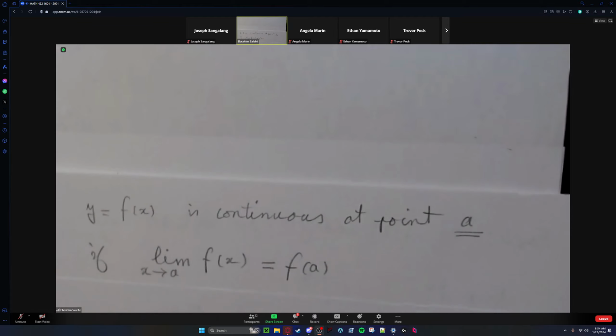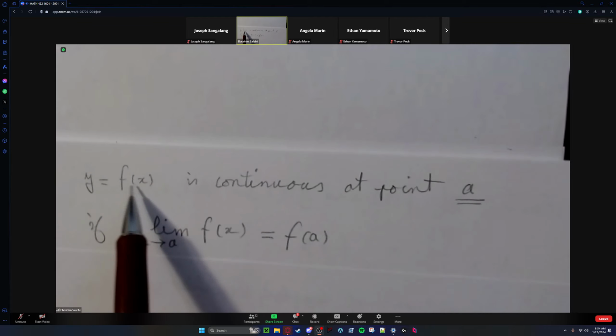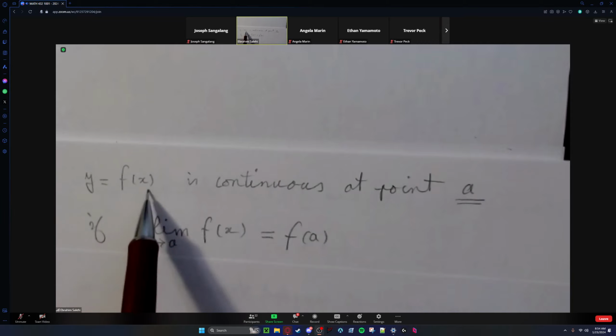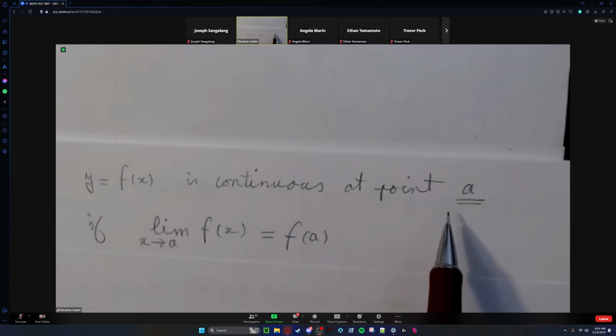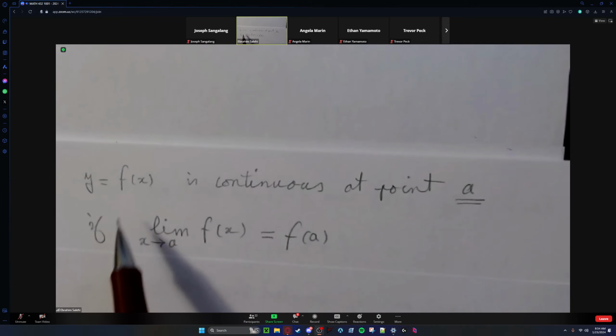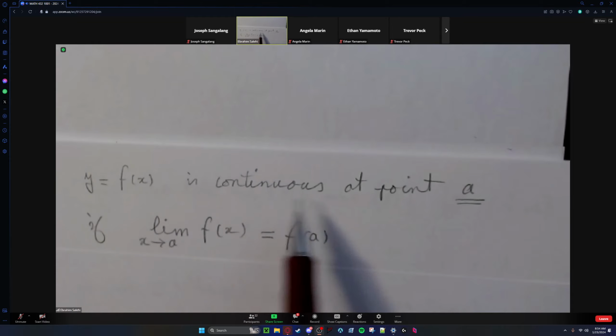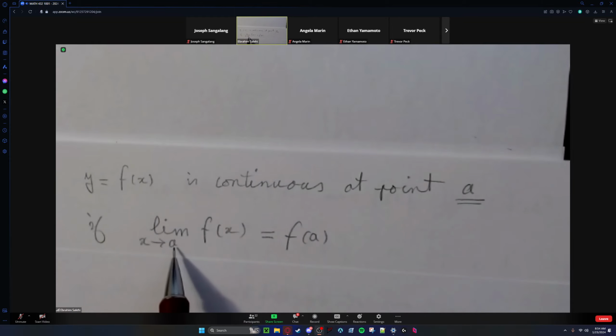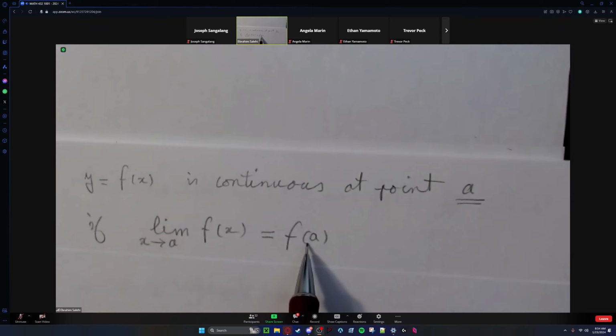Usually, we denote the function by y equals f of x. We say this function is continuous at point a if the limit exists and equals the value of the function at that point. Very simple, right? If this happens, we say the function is continuous at that point.